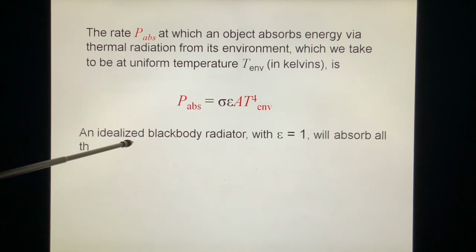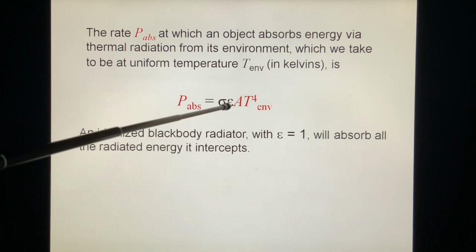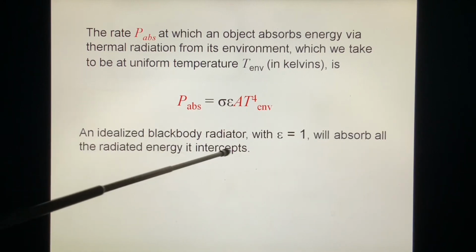An idealized black body radiator with epsilon equal to 1 will absorb all the radiated energy it intercepts. So black color objects will absorb heat strongly, and emit heat strongly too.